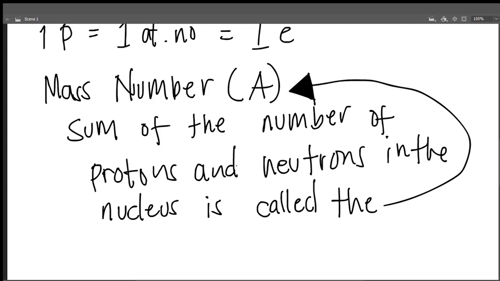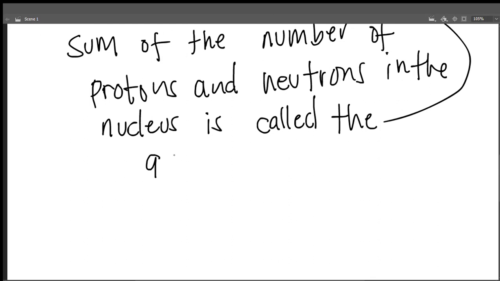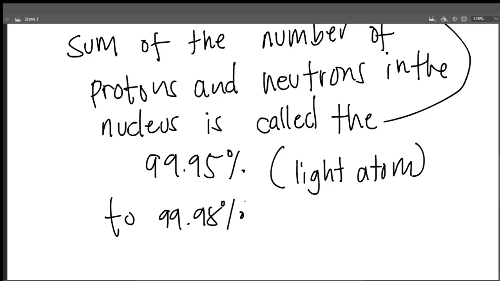The amount of total mass of an atom contributed by the nucleus varies from 99.95%, which is a light atom, to 99.98%, heavy atom.